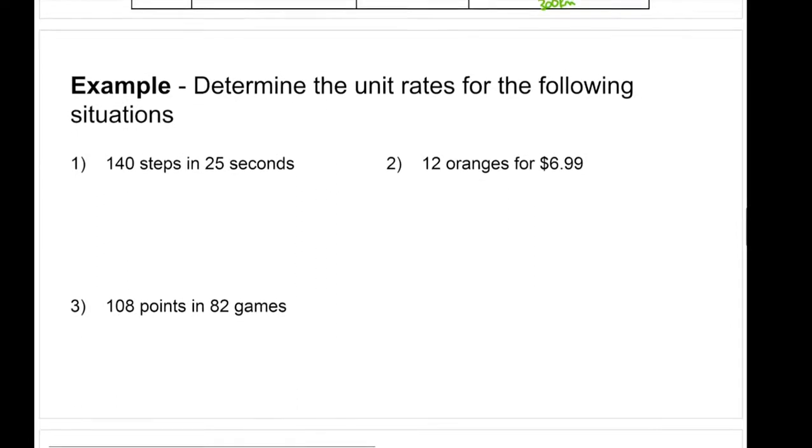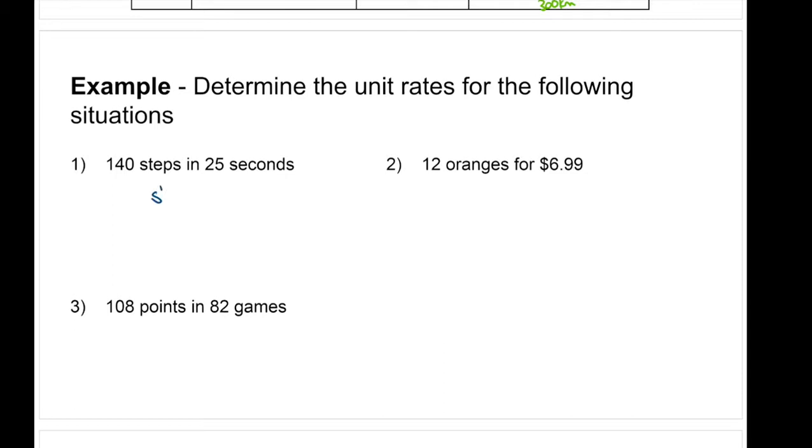So in an example, let's determine the unit rates for the following situations. So 140 steps in 25 seconds. I want to figure out how many steps can I get per second. So in order to do that, because it's steps per second, steps is going to go on top, seconds is going to go on the bottom.